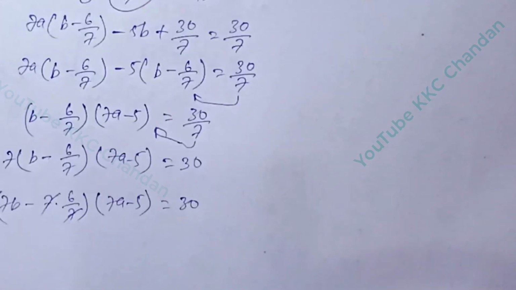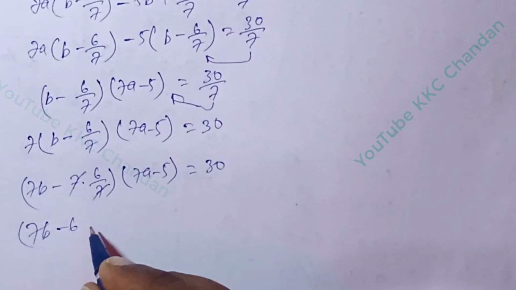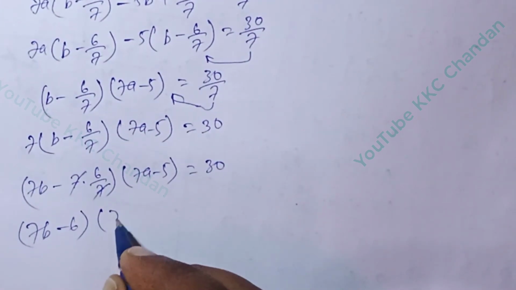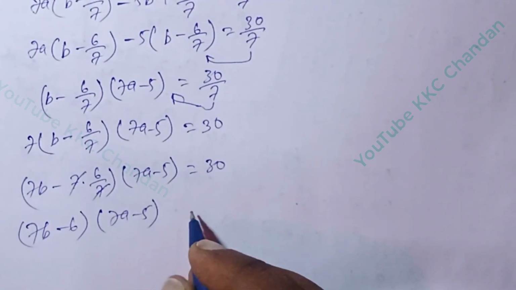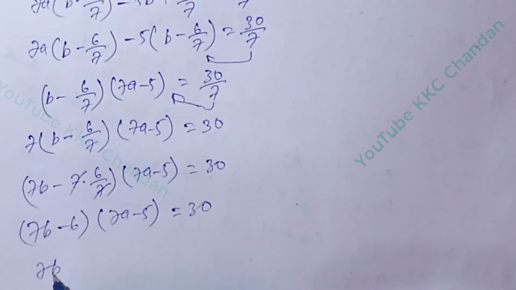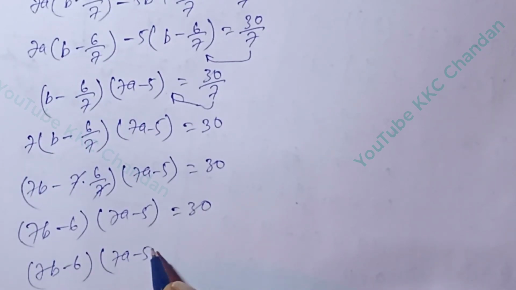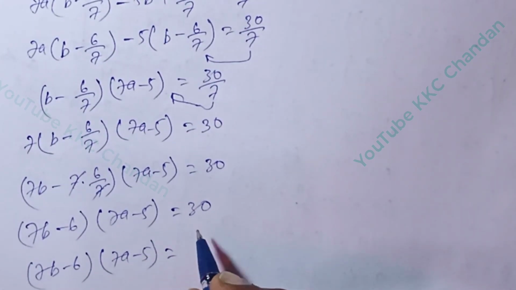Here 7 cancels. 7b minus 6 into 7a minus 5 is equal to 30.